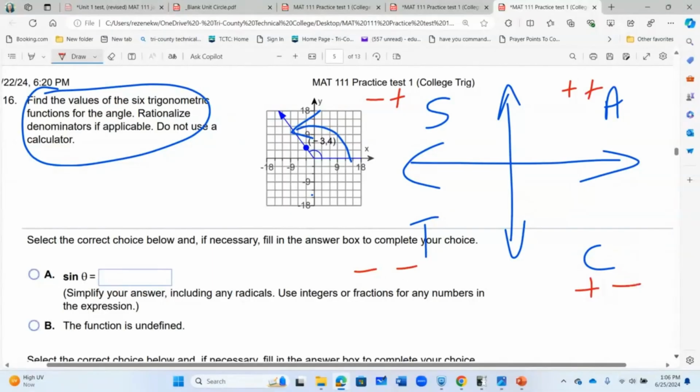Also, I'm just going to put all these things here. The reference angle phi, I called it phi last class, but you can call it anything you want. If you want to call it beta, that's fine. Call it alpha, call it theta, whatever. But theta is the angle in standard position, so I don't want to use theta.